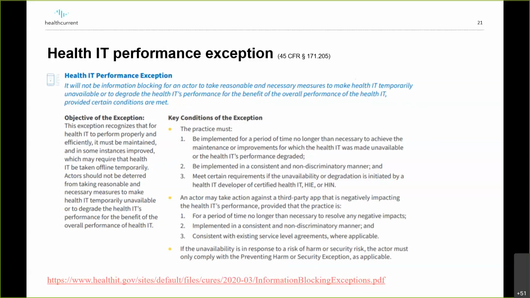And the last exception that we have up here is the health IT performance exception. This really comes into play more for health IT developers of certified health IT and HIEs, where they need to be able to take their systems down in order to do updates, to do maintenance. You can do that and still qualify for the safe harbor. But again, in order to do that, you have to meet various conditions like being non-discriminatory, being consistent, and getting agreement in advance with the people that you're providing these services to that you're going to bring their system down.